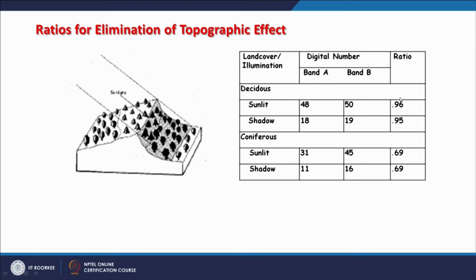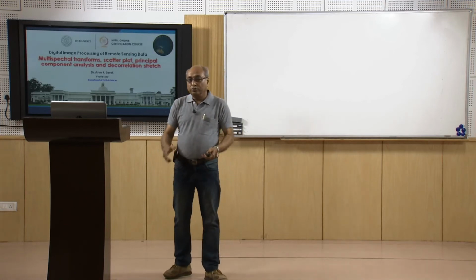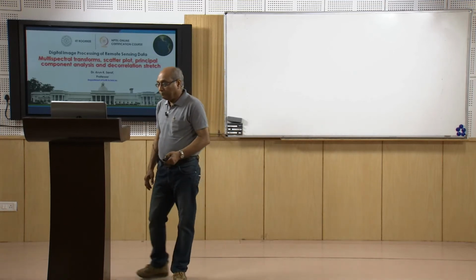When we convert these to integer values, they come very close, whereas in the original bands the values were very far apart, and this is the advantage. We are removing the effects of shadow caused by rugged topography.